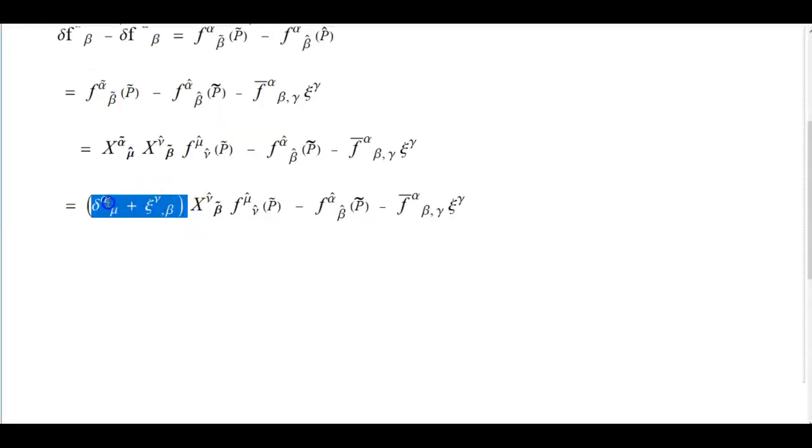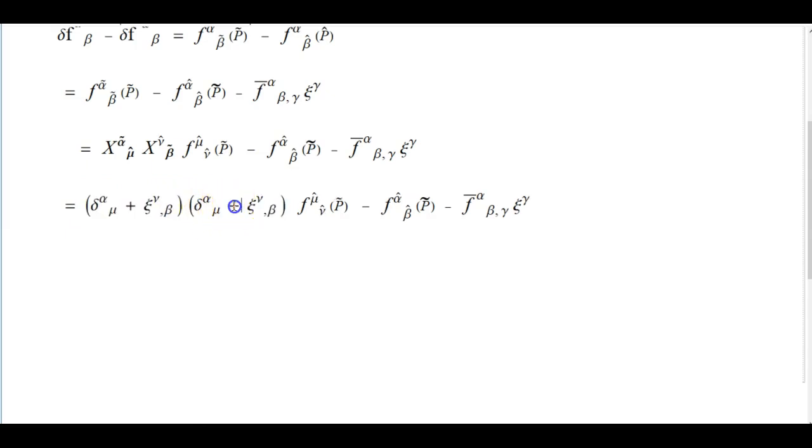So I can copy this and fix the indices and put the minus sign here. So I have nu at top.